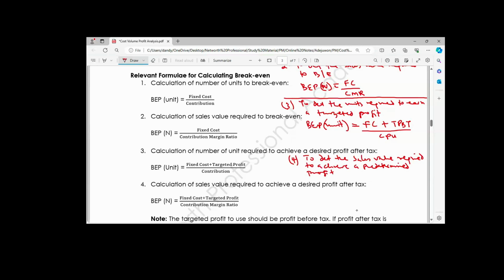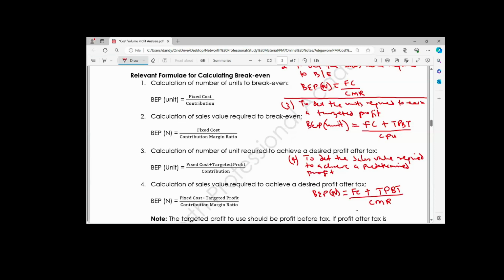So that is one objective, to determine the sales value required to achieve a predetermined or targeted profit. To do this, you calculate your break-even point in naira, which will be equal to fixed cost plus targeted profit before tax divided by contribution margin ratio. So these are 4 key objectives of CVP analysis and how to calculate each of them.